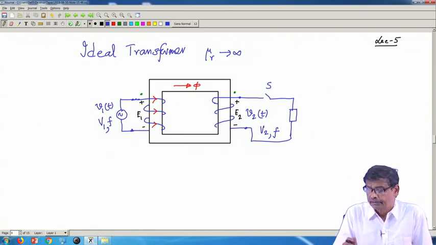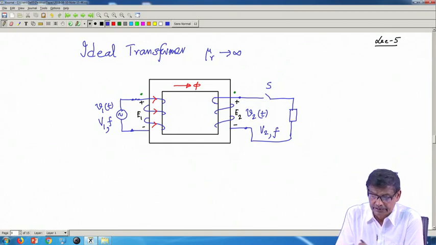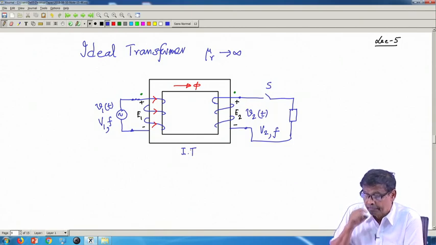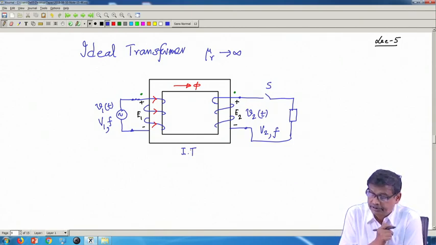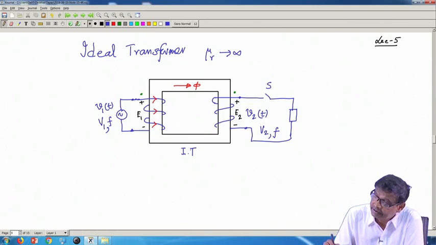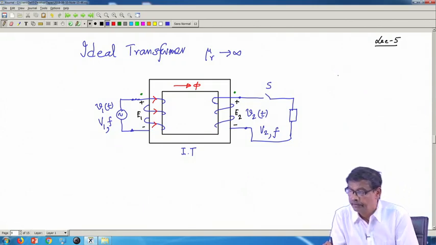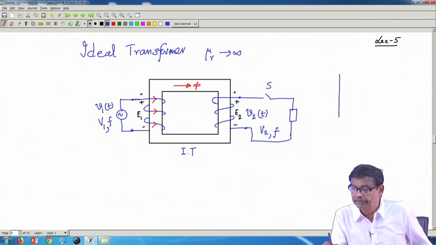In my last class, this was the ideal transformer, and under no load condition, the phasor diagram I drew was like this.